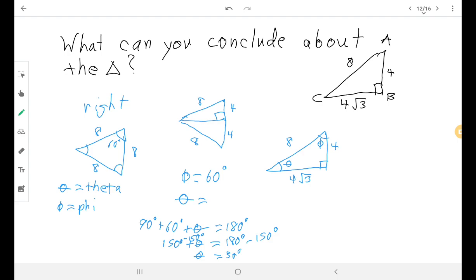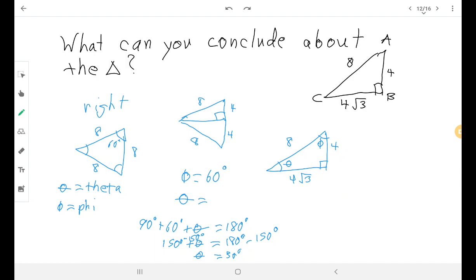Which should also make sense from this picture, because the big angle here is 60, but this line cuts it in half, bisects it, because it bisects that segment, and so each half has to be 30 degrees, half of 60. Okay, so we know a whole bunch of things there.